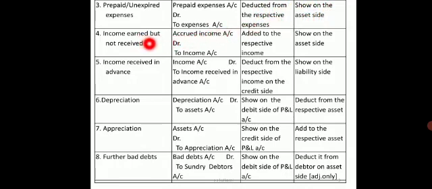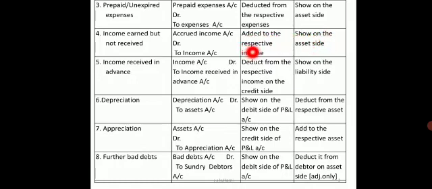Now coming to income earned but not received. These are outstanding incomes or accrued incomes, incomes pertaining to the current year. Such an amount will be added to the respective incomes and shown on the asset side of the balance sheet.